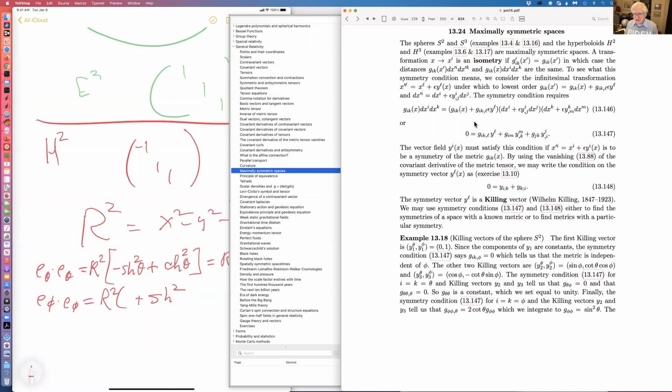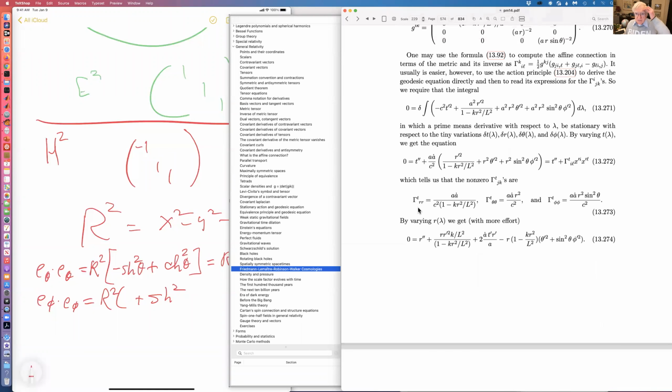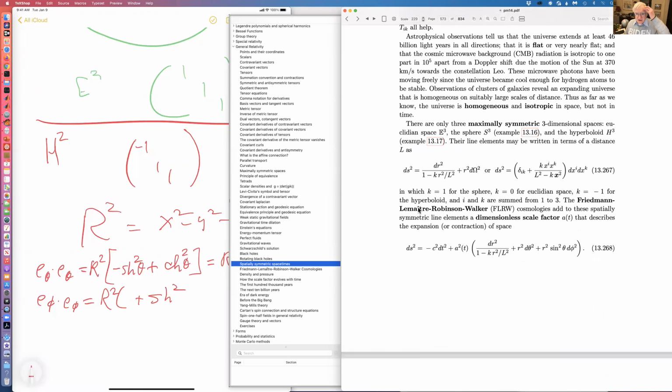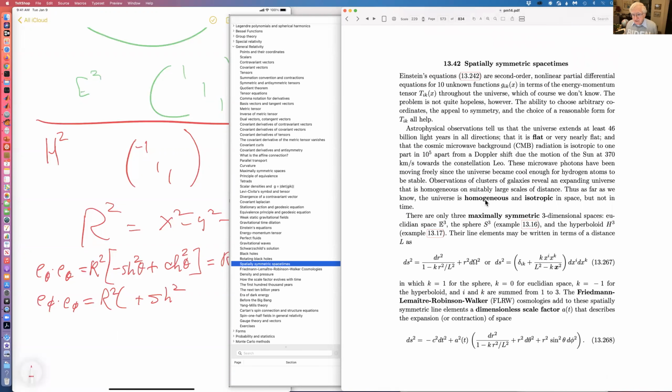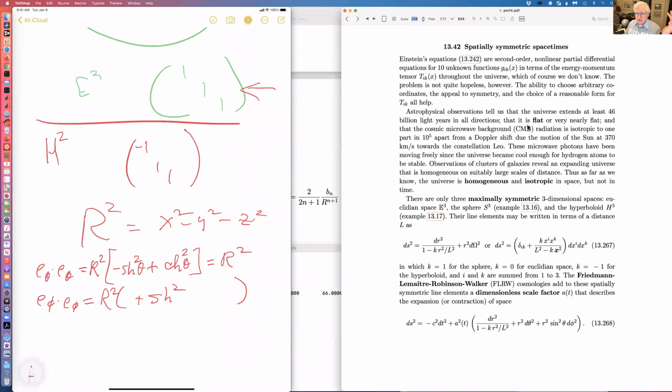And so those are the bases of the 3 cosmologies that are the standard, as far as we can tell, the standard cosmologies. In other words, the idea here is that observation suggests the universe is homogeneous and isotropic, so it's essentially maximally symmetric in 3 space.